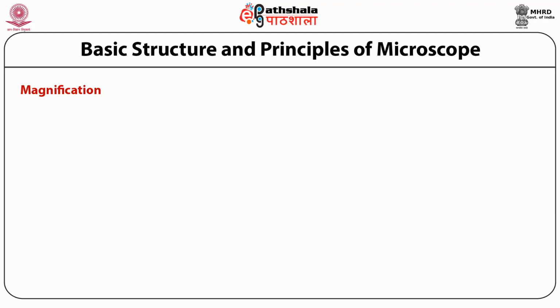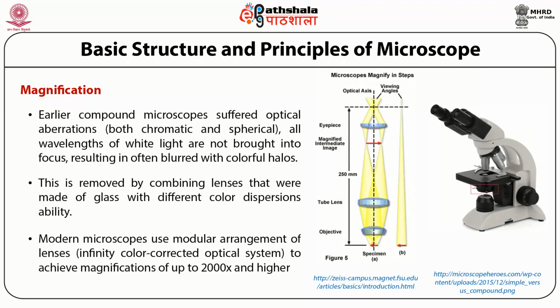Because the simple microscope has only one level of magnification, if we have a combination of convex lenses, which is the basic principle of a compound microscope, we can achieve a higher magnification. The earlier microscopes suffered from both chromatic as well as spherical aberrations. We'll discuss these aberrations in a minute. In the compound microscope, when we use a combination of lenses, we can adjust the magnification.